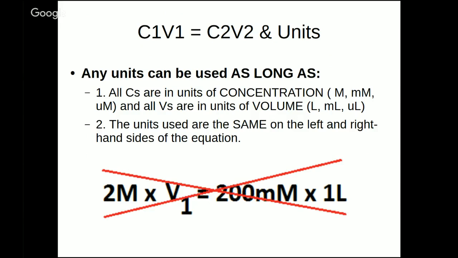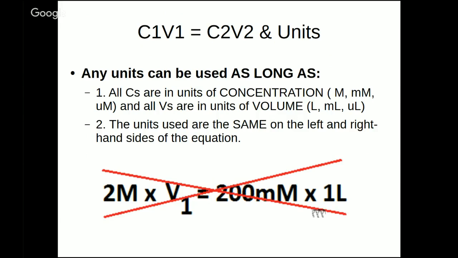The other thing you need to know about the units in this technique is that you can use any units you want pretty much as long as they are the same on both sides of the equation. So for instance, let's look at this one down here. Clearly it's X'd out, so it's not okay. My C1 is in molarity, molar. My C2, however, is in millimolar.